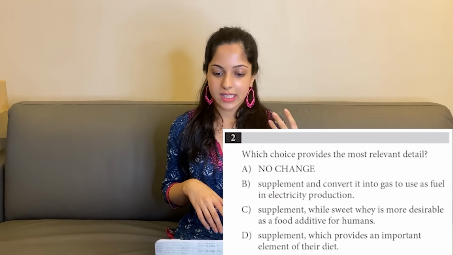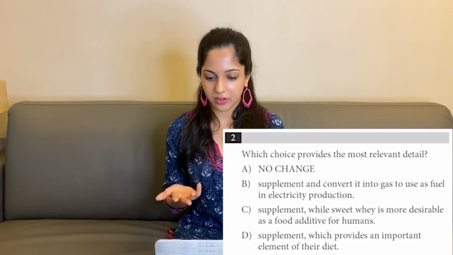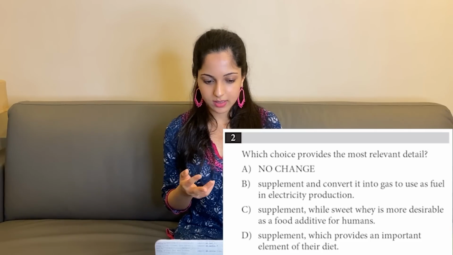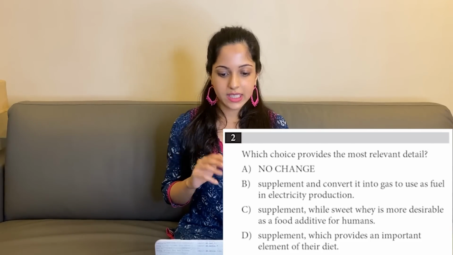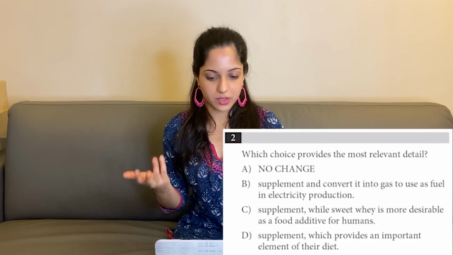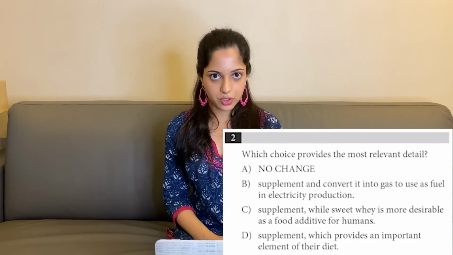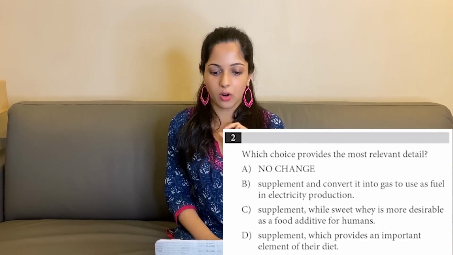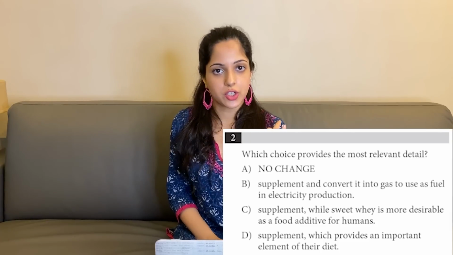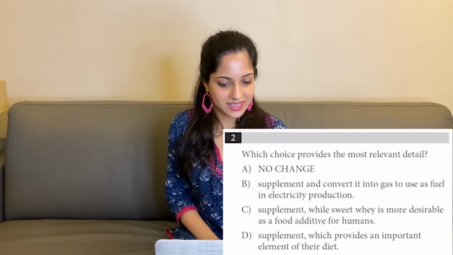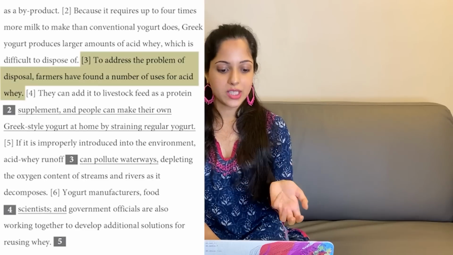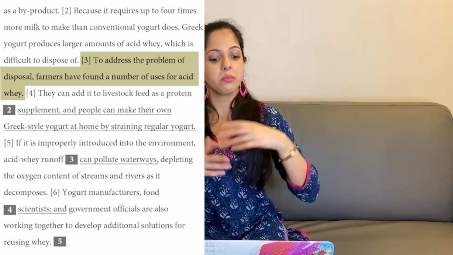Cool. C is supplement while sweet whey is more desirable as a food additive for humans. No, that's too close. D is supplement, which provides an important element of the diet. So if you notice, the original sentence and C and D are all talking about food things in relation to humans, but clearly the sentence before says, to address the problem of disposal, farmers have found a number of uses.